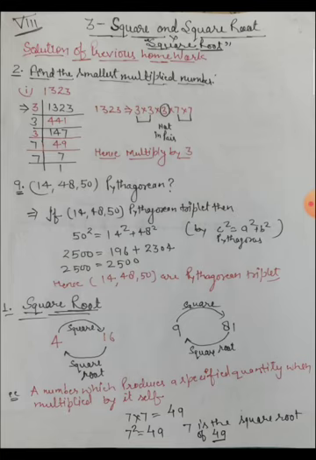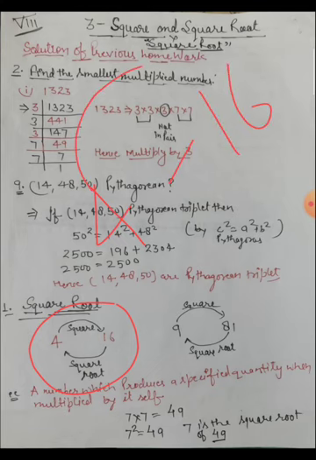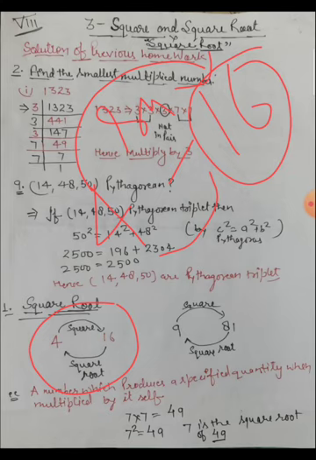Before the square root, firstly see these numbers: 4 and then 16. When we go from 4 to 16, 16 is the square number of 4.